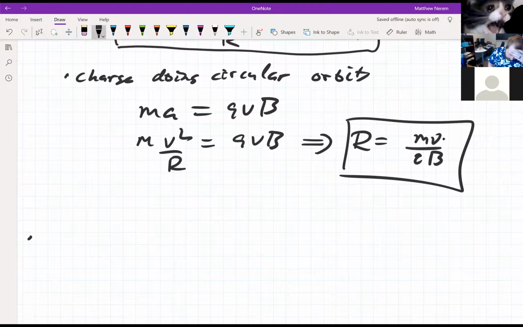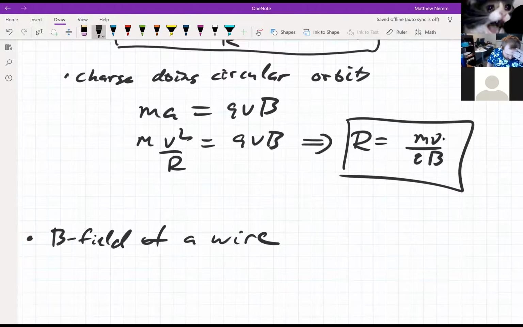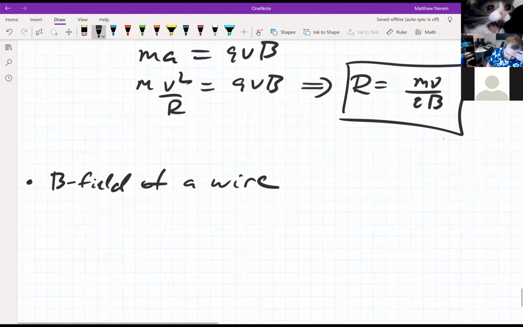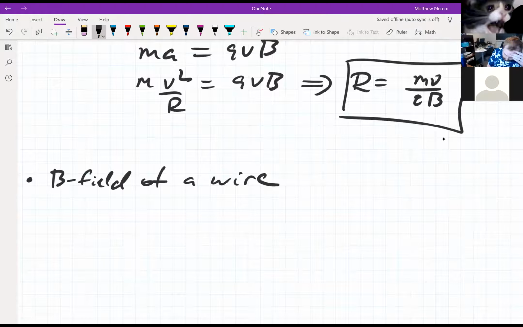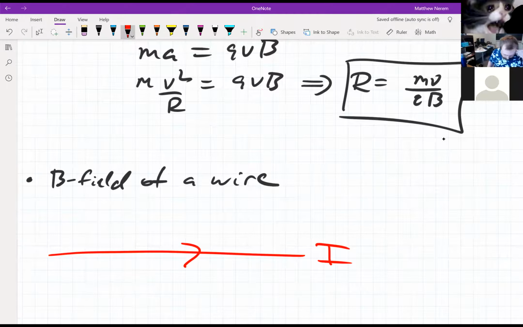Let's see here. We talk about the magnetic field of a current carrying wire. So go back to this guy. Here's my current. And you say, what is that magnetic field? The right-hand rule I like to use here is grabbing the wire.